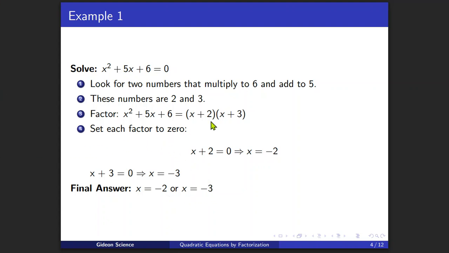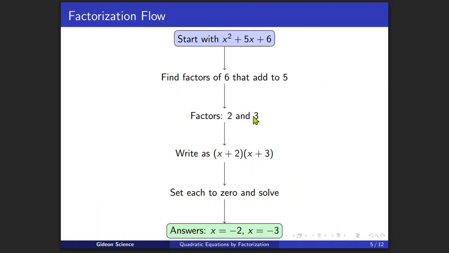So with this, we have been able to solve this quadratic equation by the factorization method. This is the flow. We start with the given expression, x squared plus 5x plus 6. We find factors of 6 that add to 5.